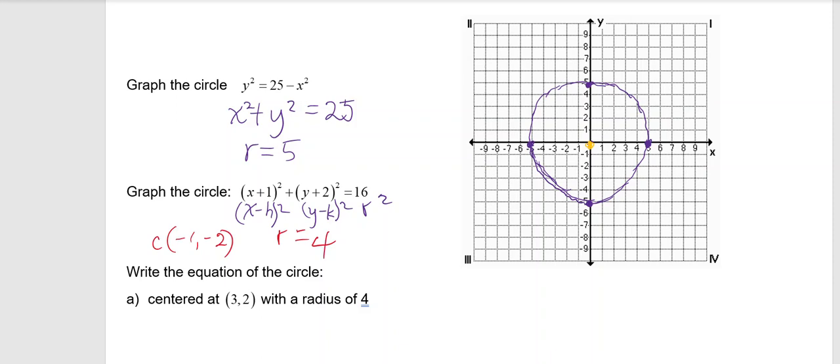So let me put my center for this one, (-1, -2). Put it down here in yellow, just so you remember that's not a point on our circle. And then we're going out 4 units in every direction. 1, 2, 1, 2, 3, 4. That's a really bad circle there. 1, 2, 3, 4.